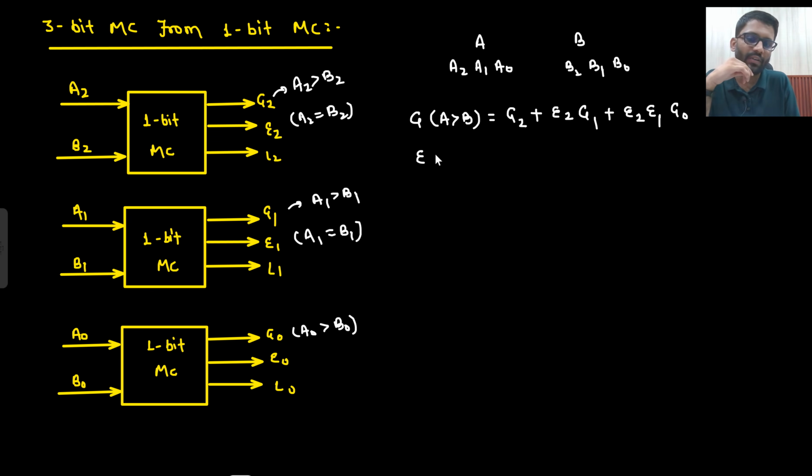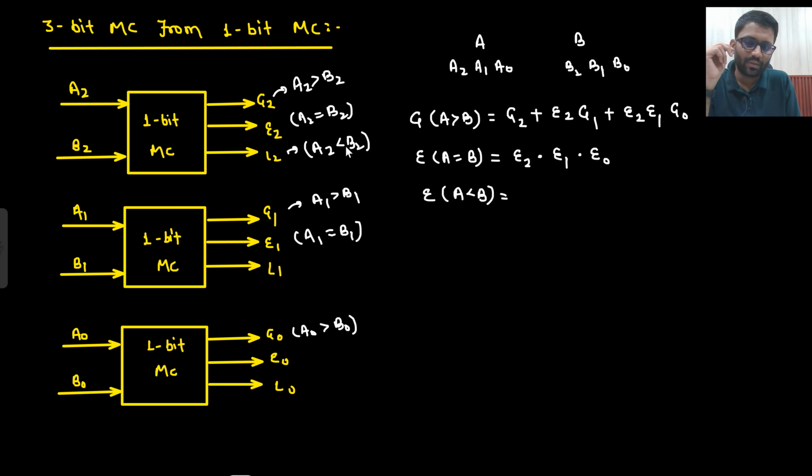What about the condition of equal? Equal condition would be A2 equal to B2, and A1 equal to B1, and A naught equal to B naught. What would be the condition for A less than B? A less than B means B should be greater. So if L2, or if A2 is equal to B2 and A1 is less than B1, or you can say B1 is greater than A1.